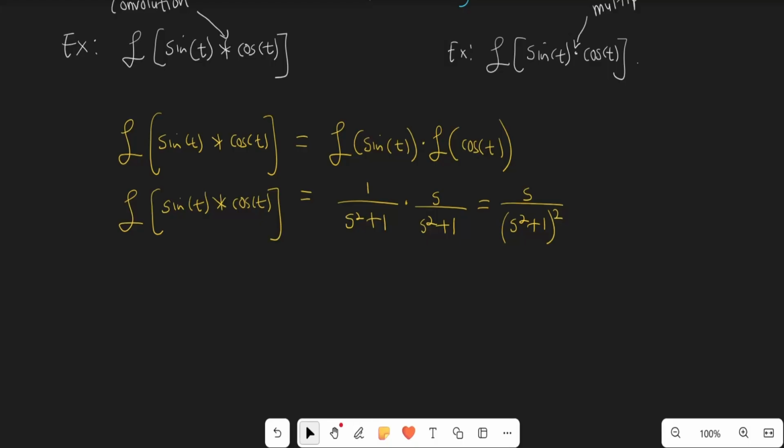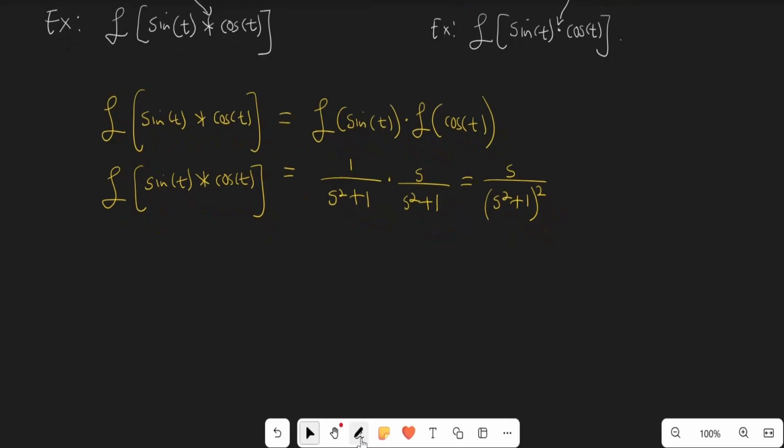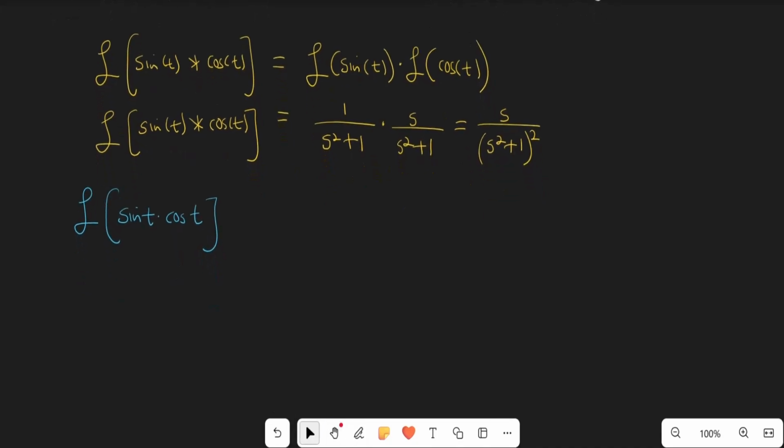But now we want to find the Laplace transform of the normal multiplication, which is just sine of t multiplied by cosine of t. This is different from the convolution theorem. So this one is equal to the Laplace transform of 1/2 times sine of 2t, right?